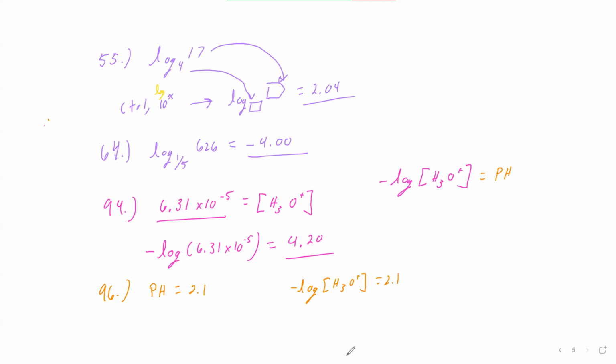equals 2.1. If you recall from our rules from last week, a to the power of y equals x, you can go both ways as log base a of x equals y.